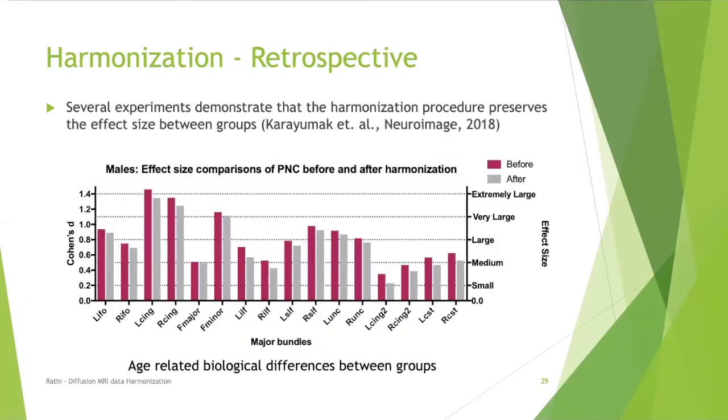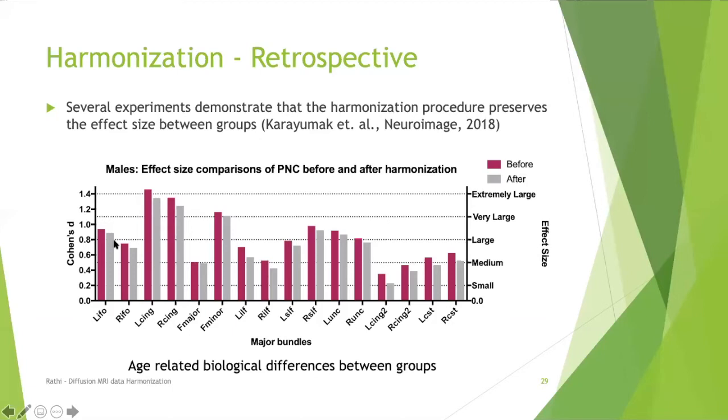Now, what about testing on other test data sets? We did multiple tests in this case. Here is the effect size for a variety of different white matter regions. This is an effect size comparison where we took 2 groups who were different by age. And here, you see the effect size before and after harmonization in gray.